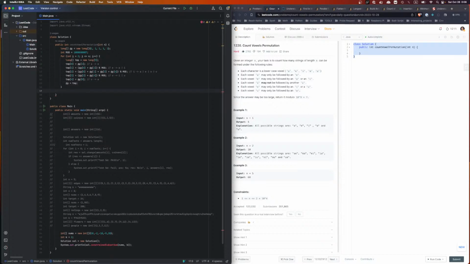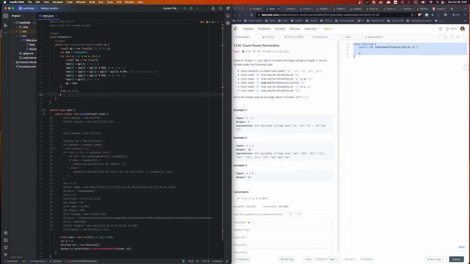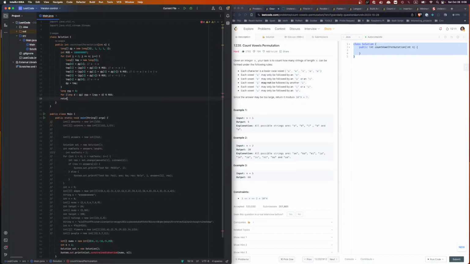And once we're done, we say long rest equal to 0, for long d of dp, we do rest equal to rest plus d mod, and return int rest.